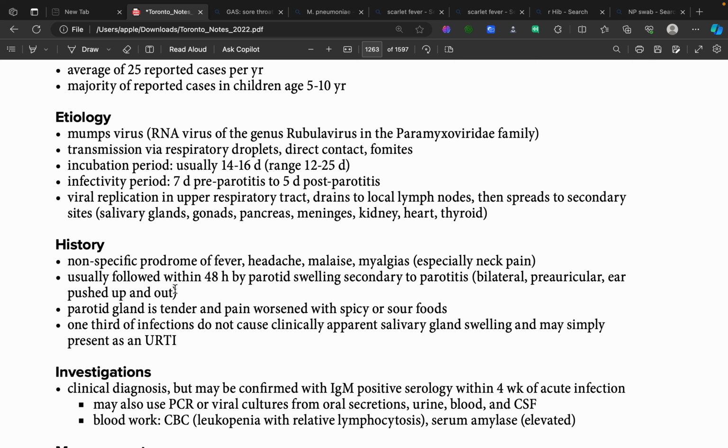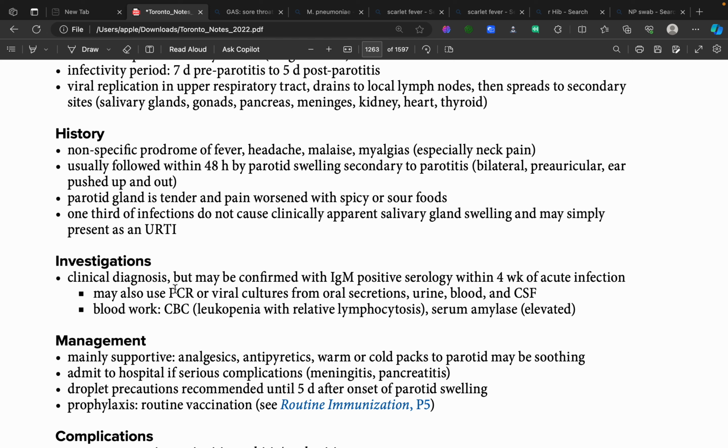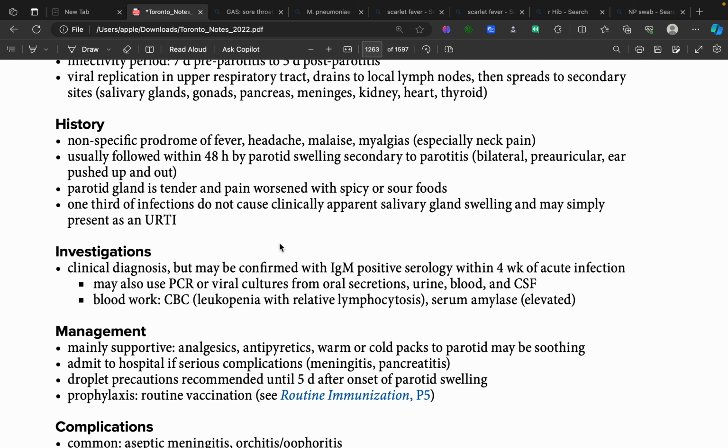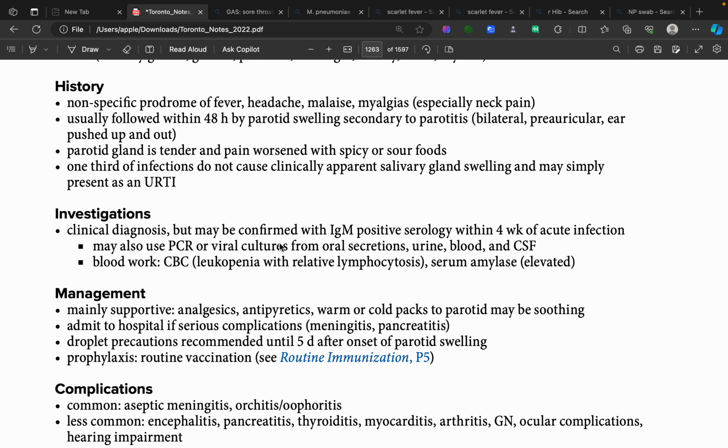The investigations. So we are going through investigation through serum, like immunoglobulin, positive serology we have to have in the test, and sometimes for the virus we are doing PCR, and we are checking the CBC and serum amylase.